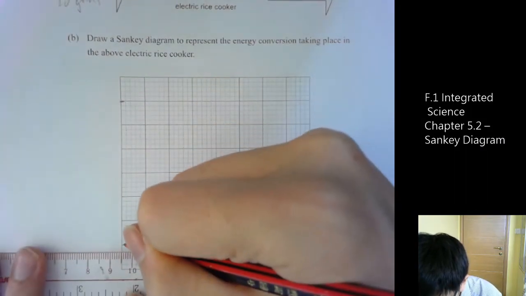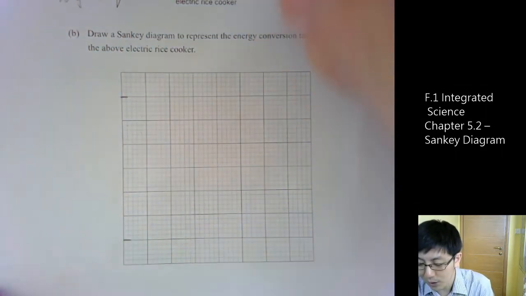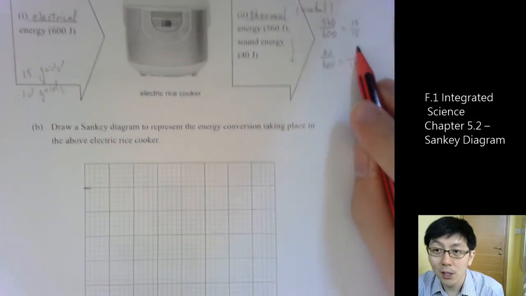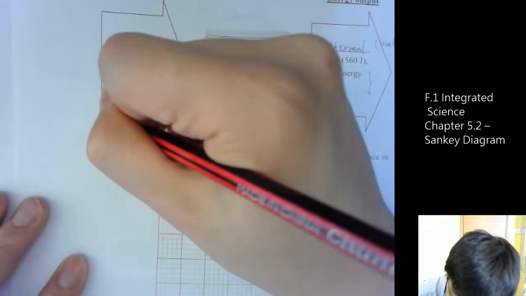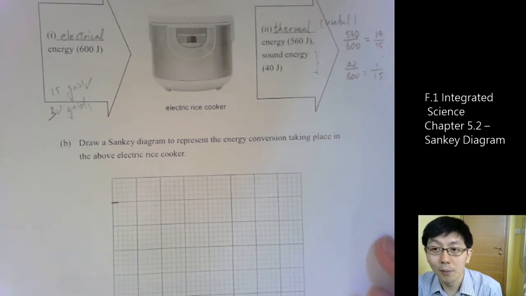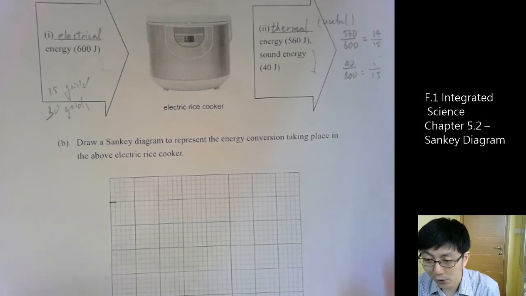So for the input here, I draw a large one. This will be the electrical energy. And then 14 out of 15 of this, sorry, I make a mistake, of 30, so that means 28 grids will be useful as thermal energy.